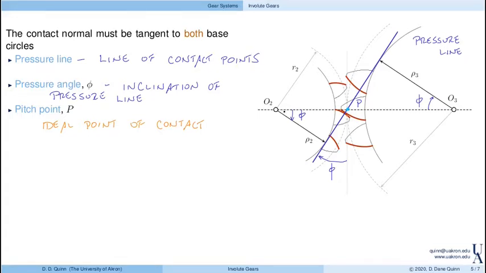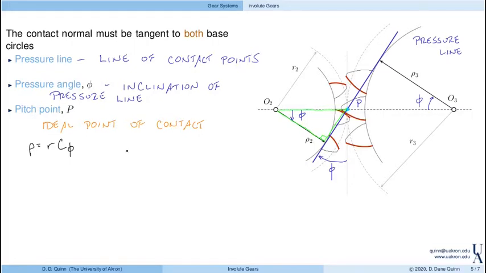Looking at this triangle right here, here, and here, that's a right angle. We find that rho is equal to R times cosine of phi, and this holds for both gear 2 and gear 3.